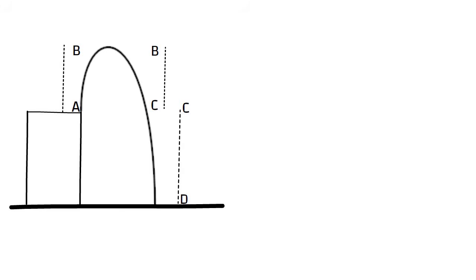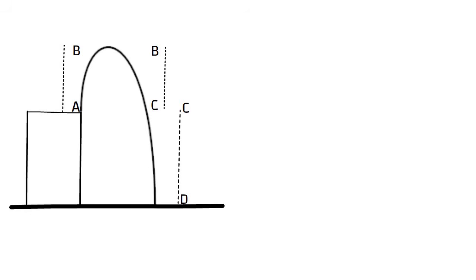It cannot go past B. So from A to B is the maximum height reached by an object above the point of projection. So if it goes from A to B, when you calculate delta y from A to B, you calculate the maximum height reached by the object.